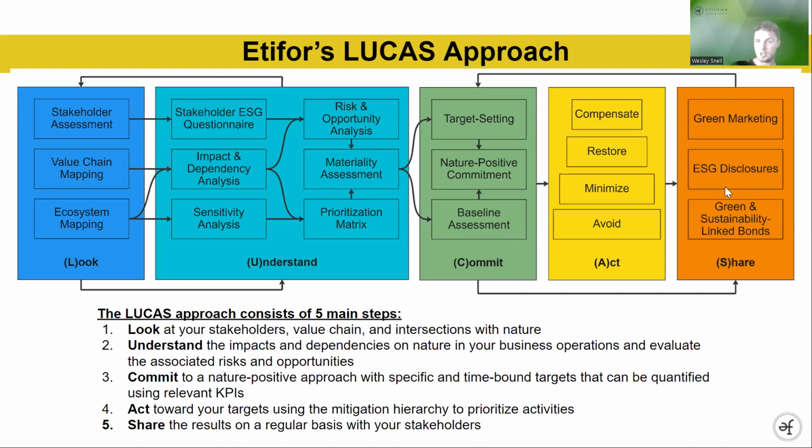This is green marketing, this is ESG disclosures, this is applying for green and sustainability linked bonds. Once you've gone through the look, understand, commit, and started acting, then we can talk about how to share that with your stakeholders. This is what we've done to help companies navigate this sort of strange, still emerging sustainability space.